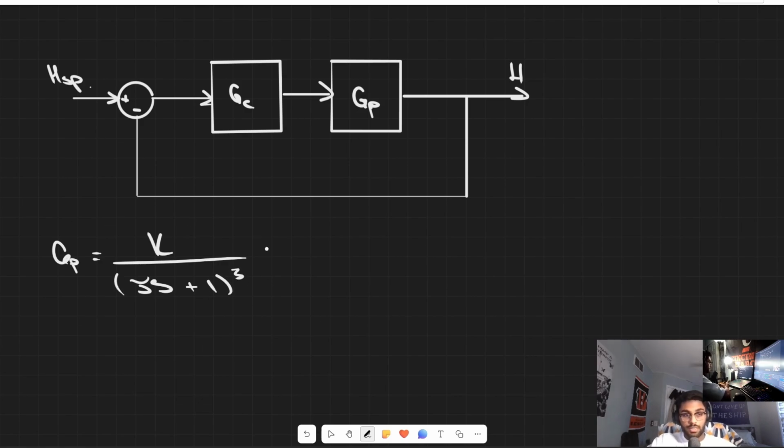So here is the transfer function for our process. Now, for our controller, usually we would make the assumption that this controller has just a value of Kc and we would move on.